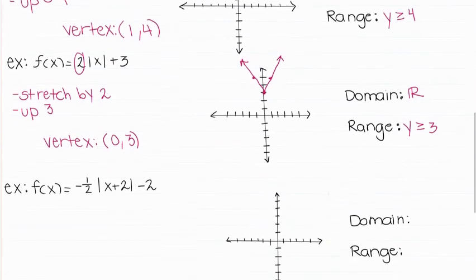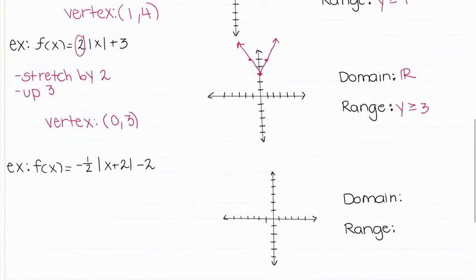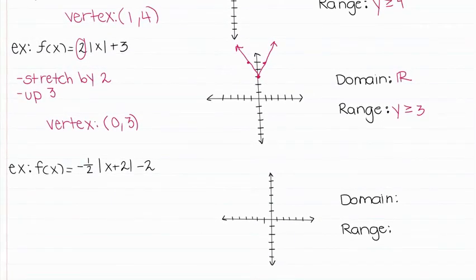And our last example has quite a bit happening here. So the first thing I notice is that it has a negative symbol, which we haven't looked at, but we talked about at the beginning. What that means is it's a reflection. So all of the absolute value graphs that we've looked at so far open up, but this one will open downwards.